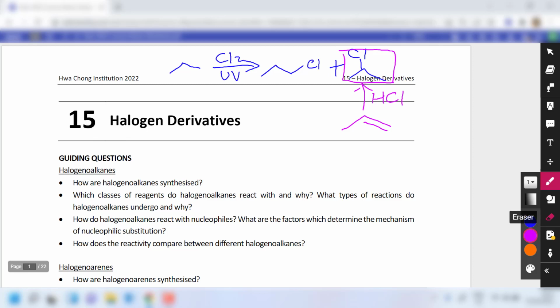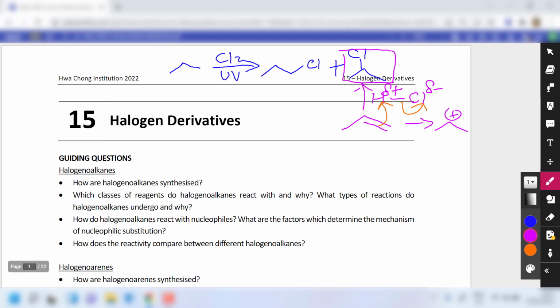For a little bit of recall, what happens in electrophilic addition is that for HCl, the bond is polarized. So H takes on a partial positive charge, Cl takes on a partial negative charge. The pi bond will attack the H, and the H-Cl bond will break heterolytically. In the process, I'm generating a secondary carbocation.